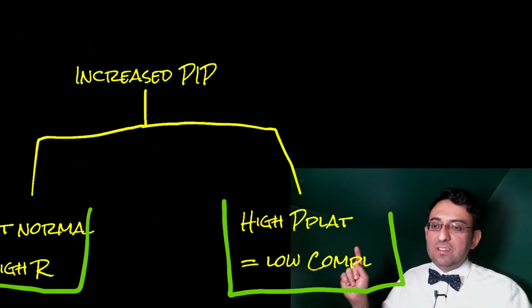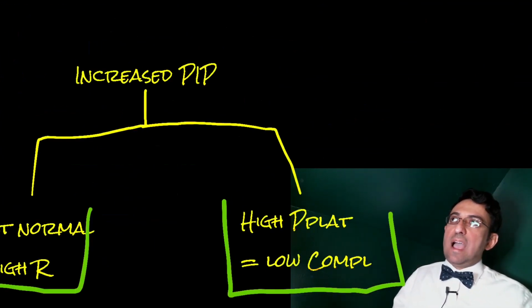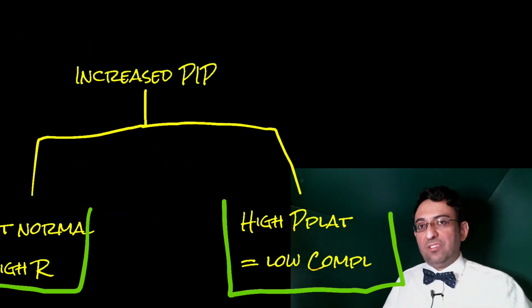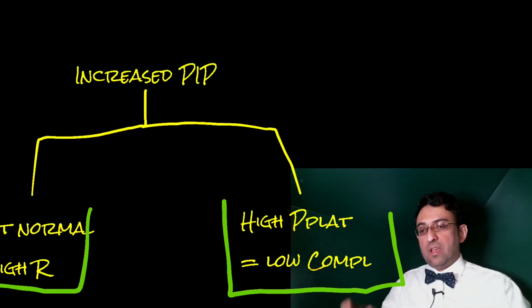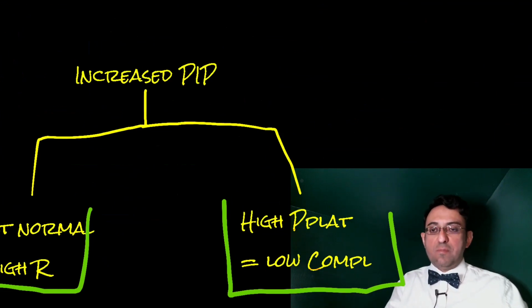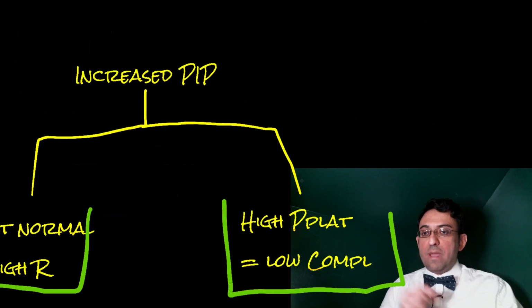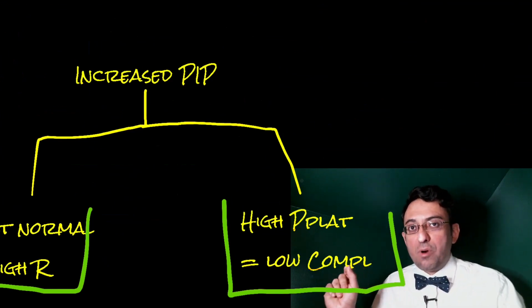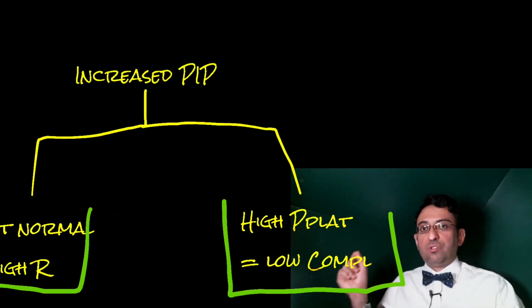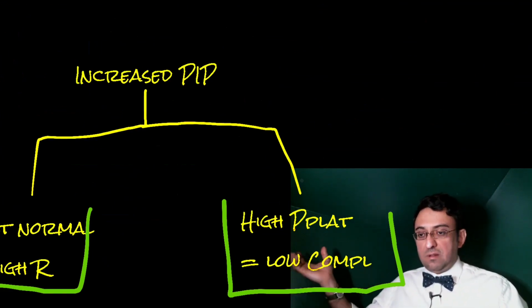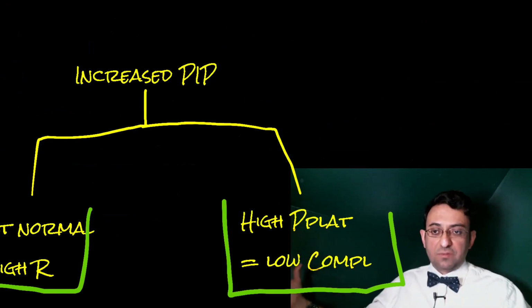Now, if the patient is intubated and we have a report of increased plateau pressure, what is the possible differential diagnosis? In addition to all these conditions we mentioned, we also need to make sure that we have not intubated into the right main stem bronchus. Why? Because that also causes impaired recruitment or expansion of the left lung, with collapse or decreased compliance of the left lung.